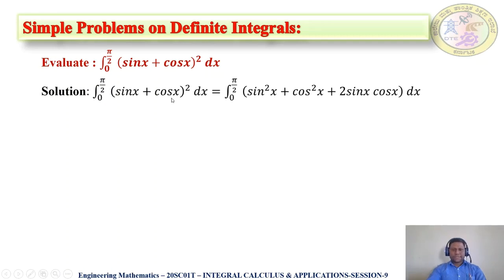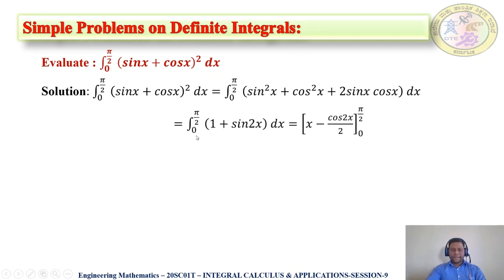Sin x plus cos x whole square can be written as sin square x plus cos square x plus 2 sin x cos x. And we know that sin square x plus cos square x value is 1. 2 sin x cos x is the sin 2x formula that we have discussed in multiple angles. Sin 2x is 2 sin x cos x.